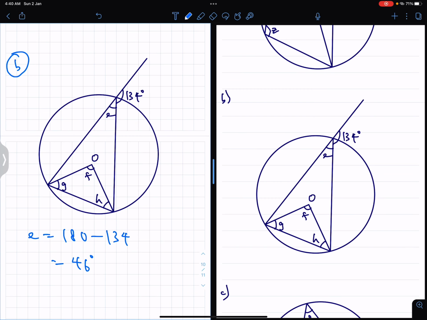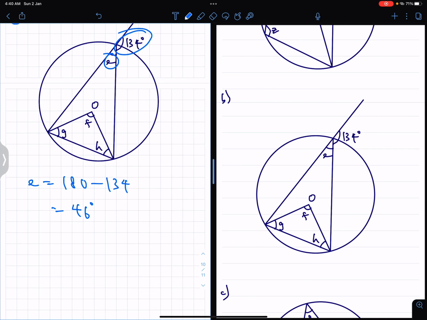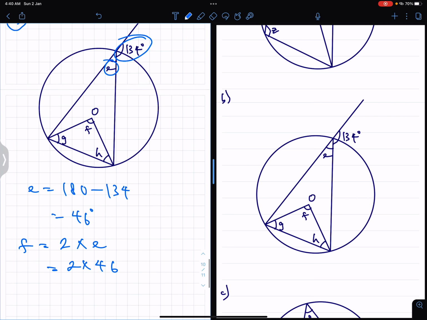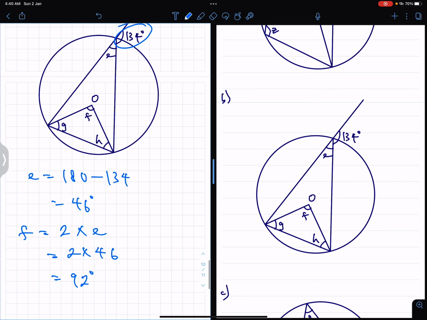The sum of angles on a straight line, E plus 134 is 180 degrees. Now angle F is twice angle E. Angle F equals twice angle E, which is 2 times 46. Angle at center equals twice angle at circumference, and that simply means F equals 92 degrees.